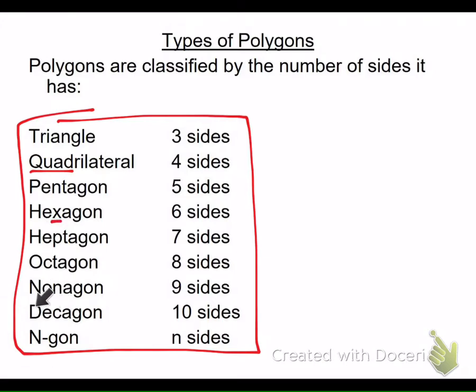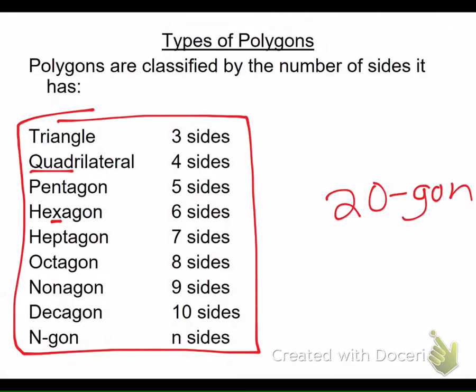All right, a decagon, like a decade is 10 years, right? Like we just started a new decade, 2020. Yeah, okay. So same thing, deca means 10. And then here's where it gets a little weird. N-gon is for n number of sides. So like if it has 20 sides, we call it a 20-gon.